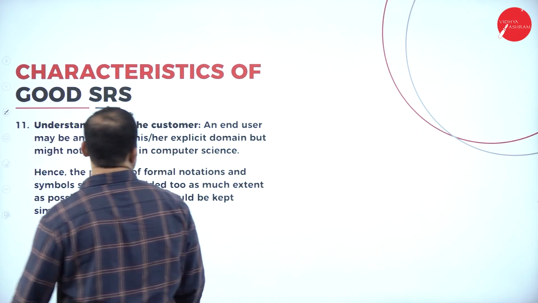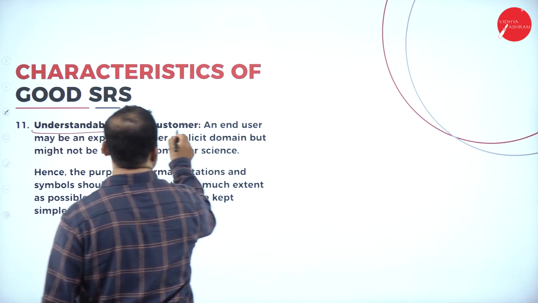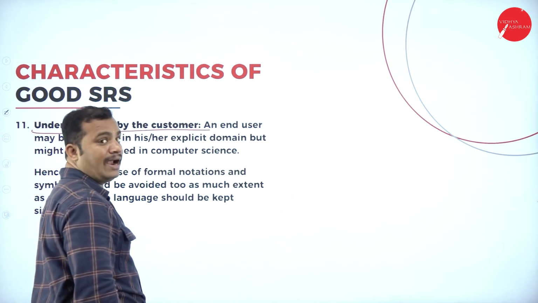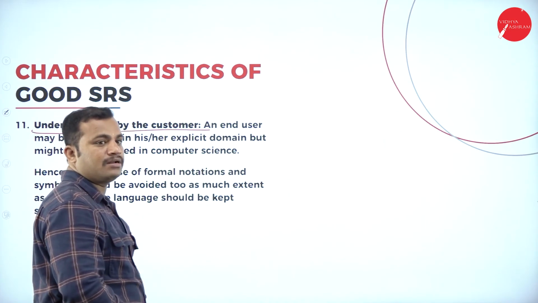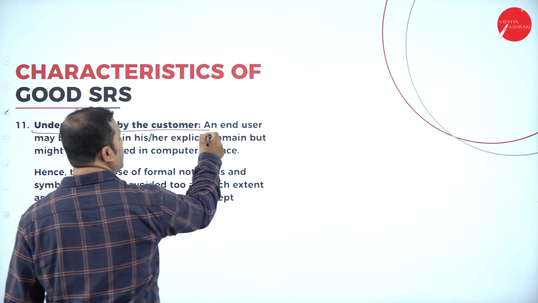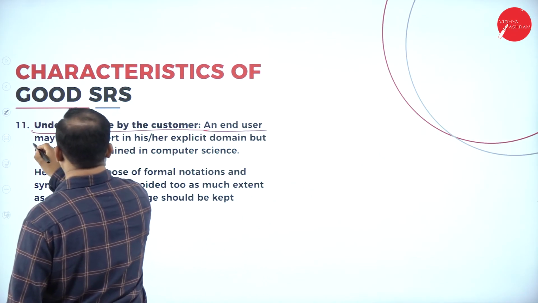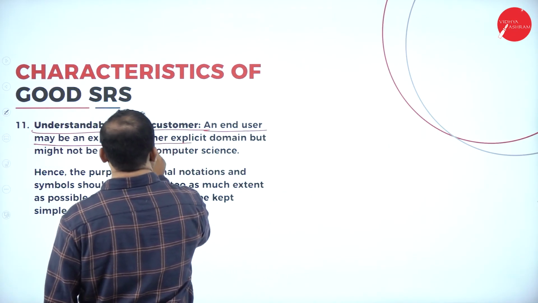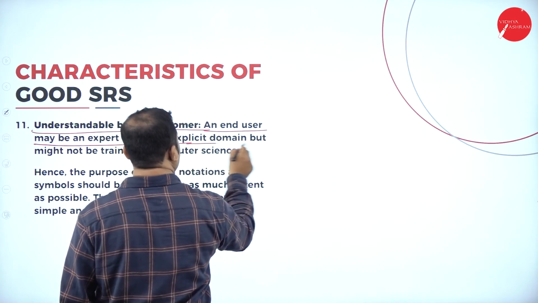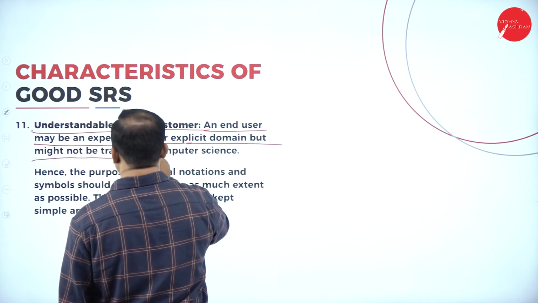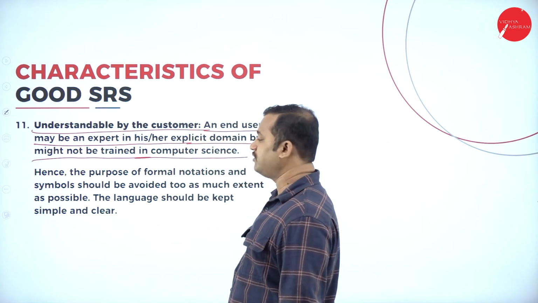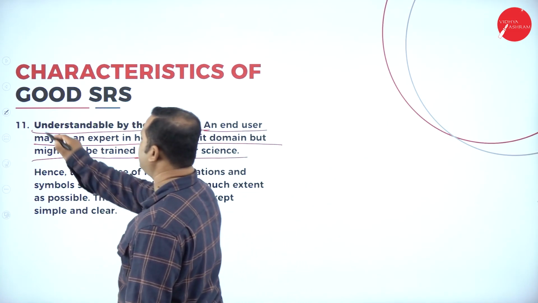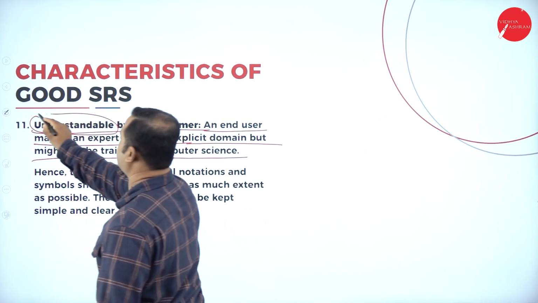Then understandable by the customer. It has to be written in such a way that the report written by the developer is understandable to the end user or to the client. Maybe an expert in the explicit domain but might not be trained in computer science. So that is the reason we consider the understandability feature.